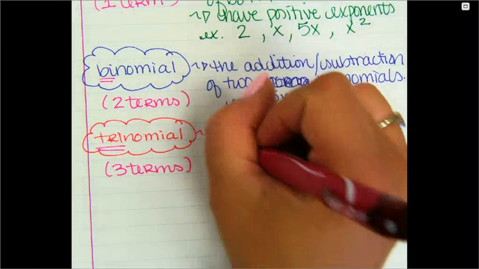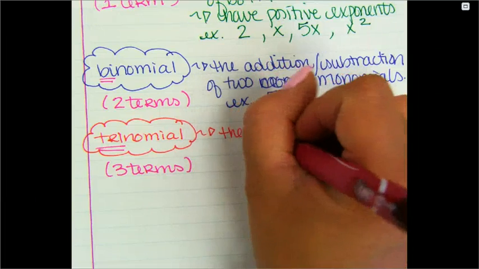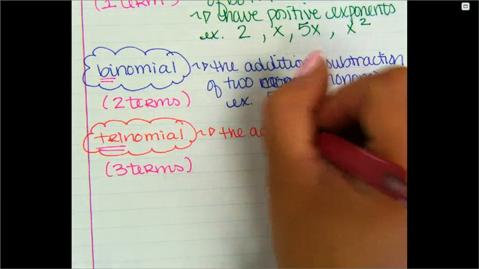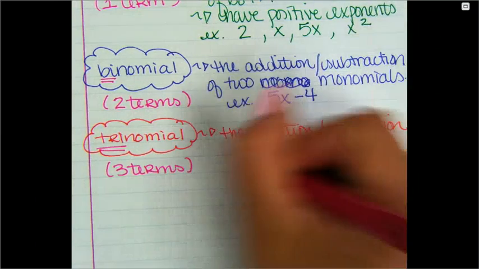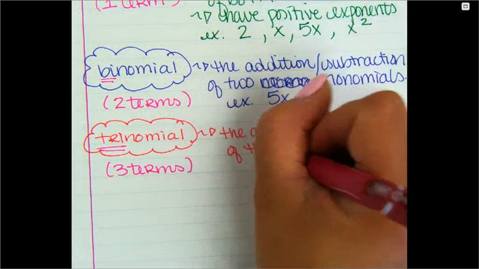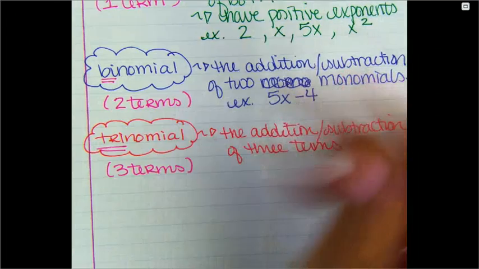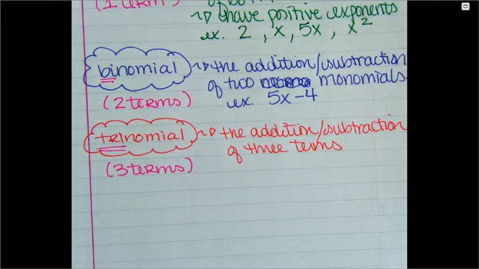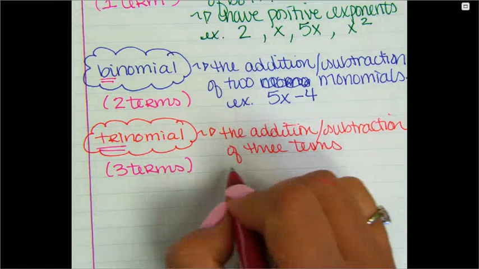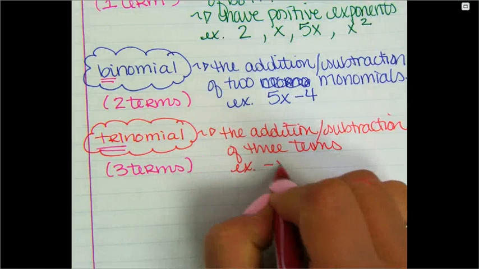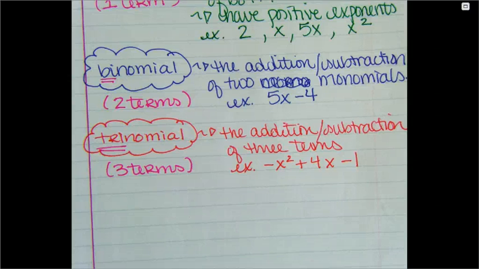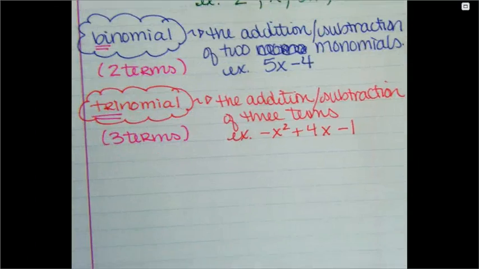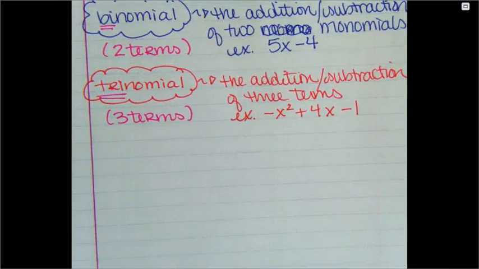It is the addition and subtraction of 3 terms. For example, negative x squared plus 4x minus 1. Negative x squared plus 4x minus 1 is a trinomial. There are 3 terms there.